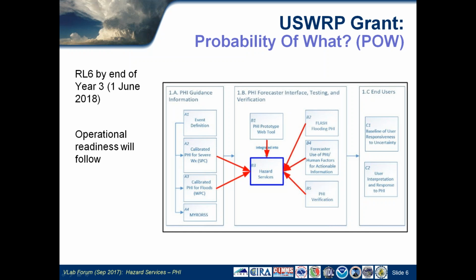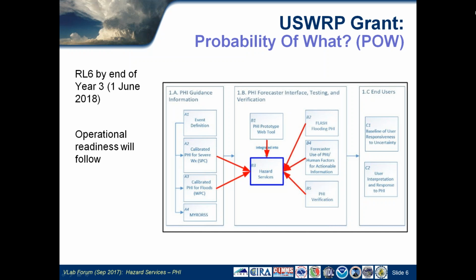Then we have projects focused on the end users. So from guidance to the tools to end users is the full spectrum of the facets, and hazard services is in the middle of that as the vehicle to operations.